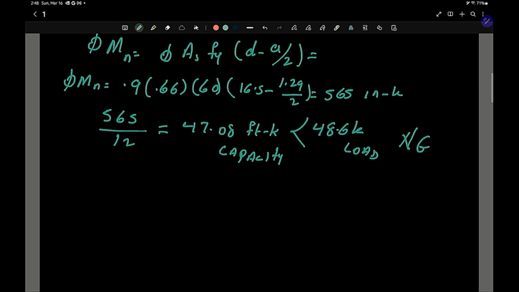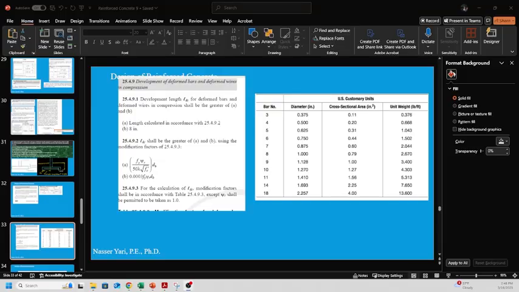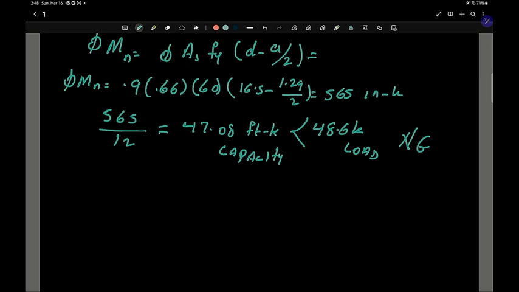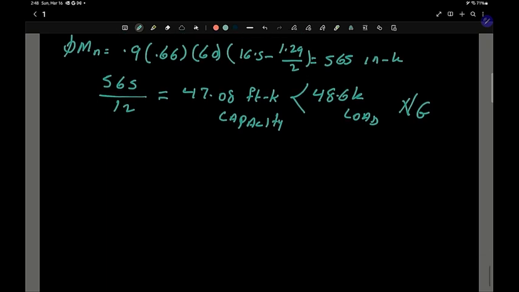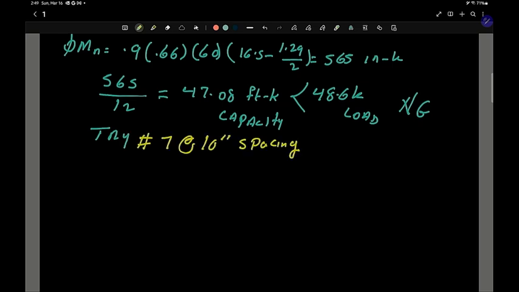So let's go back to the PowerPoint. We picked our area, and this one was kind of close. Let's pick number 7, which is 0.6. So I'm going to come back and do the same exact thing, but this time I'm going to pick number 7. Try number 7 rebar, the AS is 0.6 inch square.